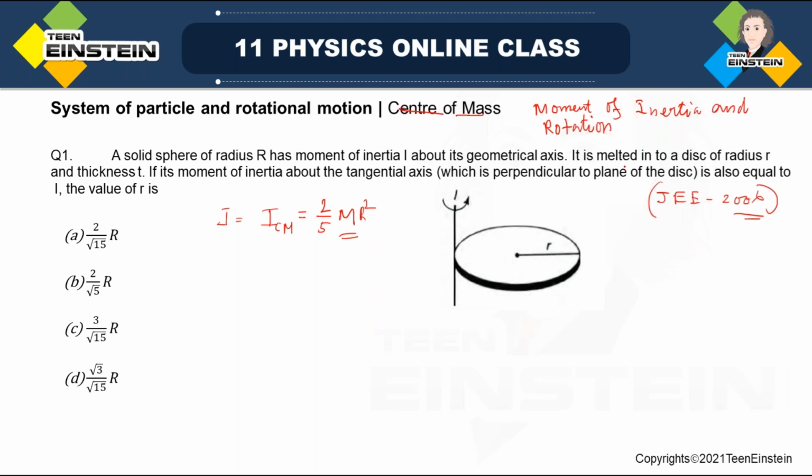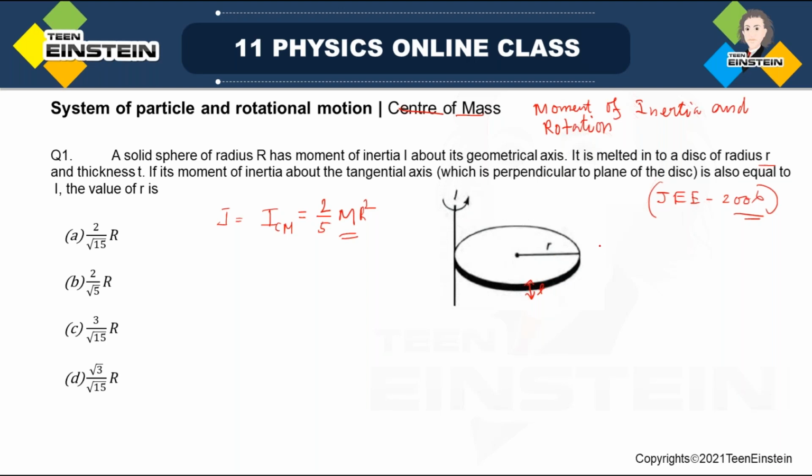It is melted to a disk of radius smaller. So this sphere is melted to a disk of smaller radius, as you see here, and thickness T. When you say disk, you see here the disk actually has certain thickness. This thickness is T, given here.